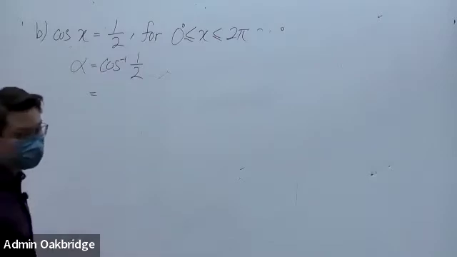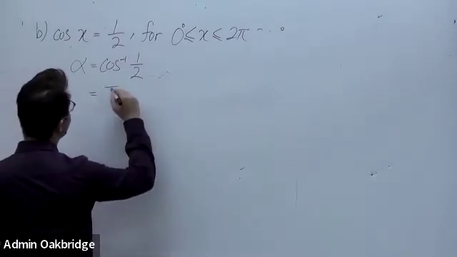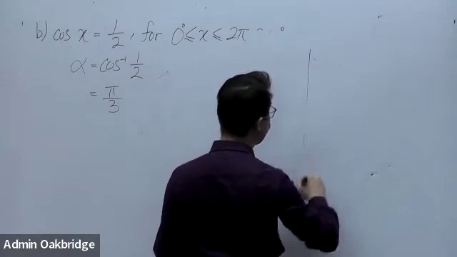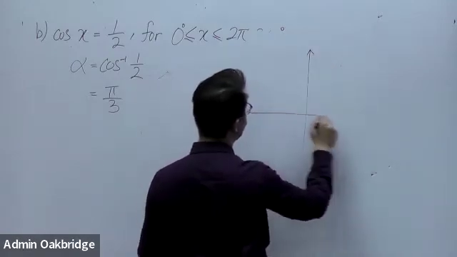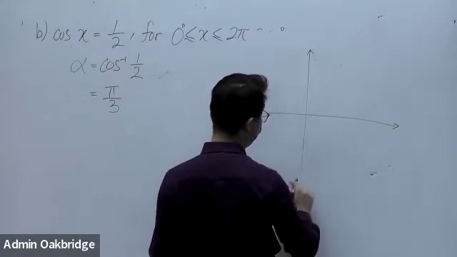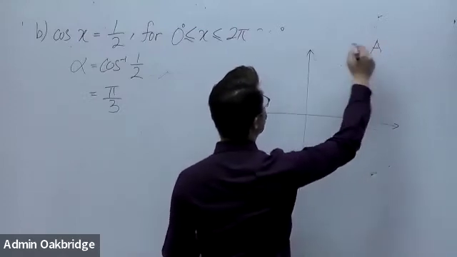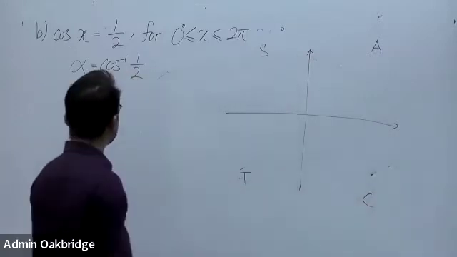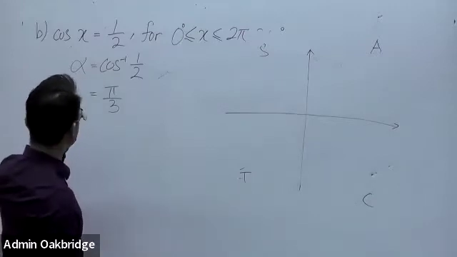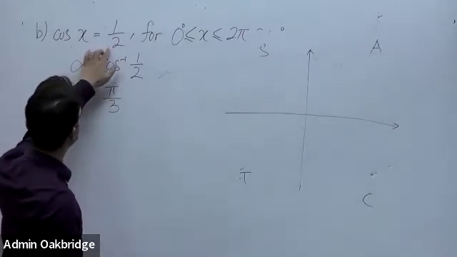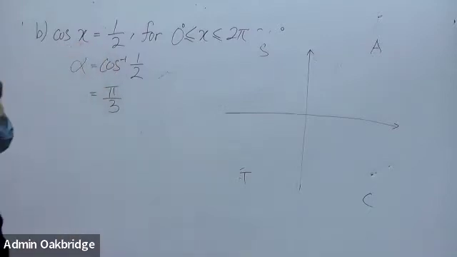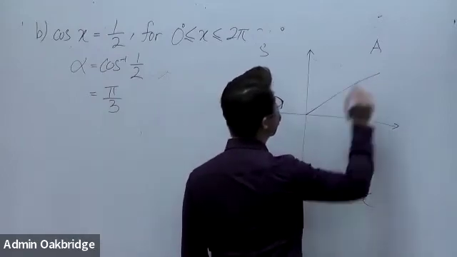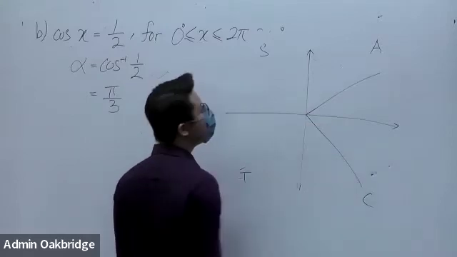It will be pi over 3. Next step, we draw the Cartesian plane. Again, label it, add sugar to coffee. And then we want a positive ratio of cos. Which quadrant here will have the positive cos? Of course, the first quadrant and also the fourth quadrant.